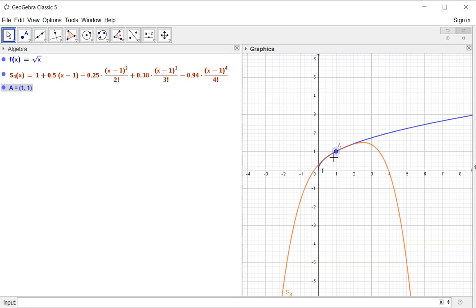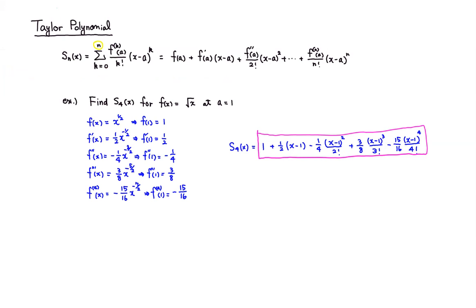If you increase the degree and include more terms, the orange curve is going to get closer to the blue curve. Anyway, you can see that the Taylor polynomial approximates the original function very well near the center. So that's it. I hope that this was clear.